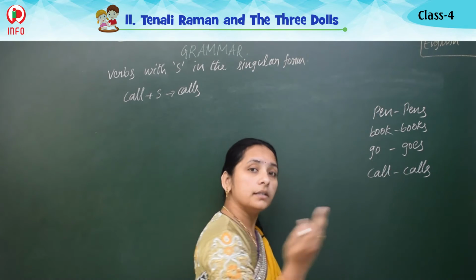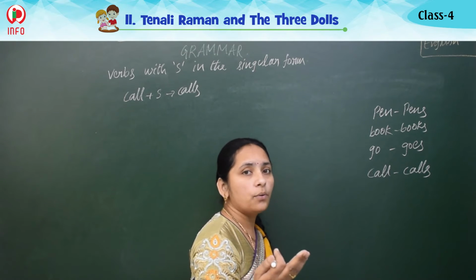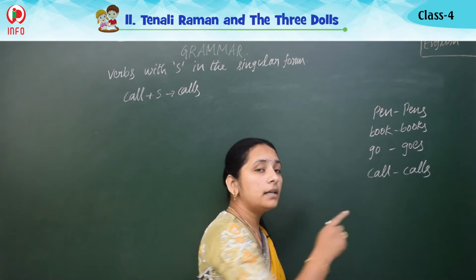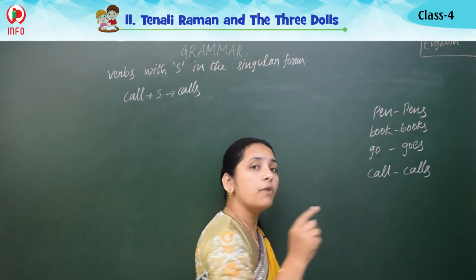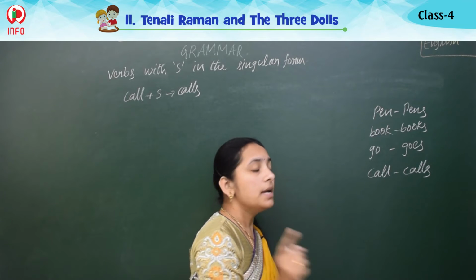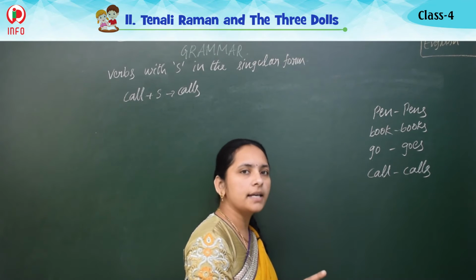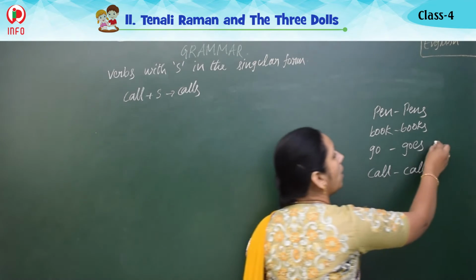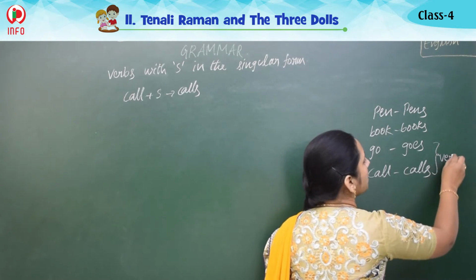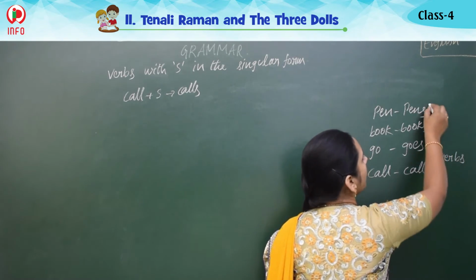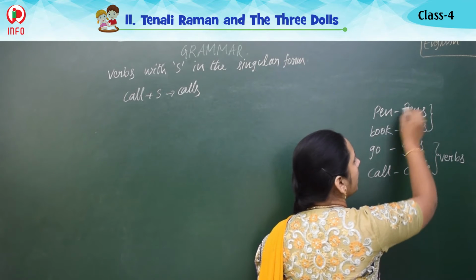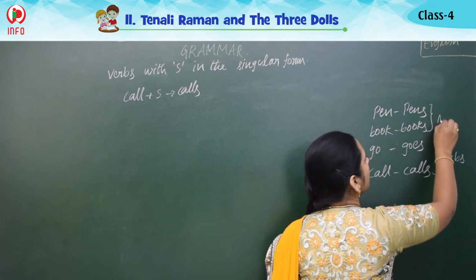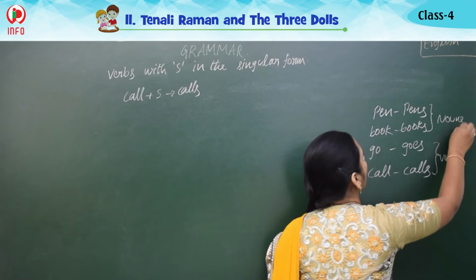Call, calls, do we get a plural number? No. So we cannot say these are plural forms. Even if we have S or ES, if it is not a plural form, those are called verbs. By adding S or ES, if we are getting singular and plural, those are called nouns, children.